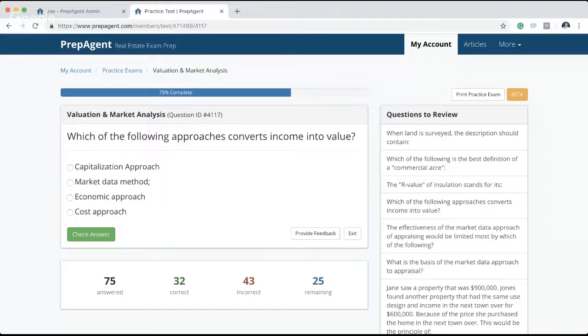Which of the following approaches converts income into value? A, capitalization approach. B, market data approach. C, economic approach. Or D, cost approach.